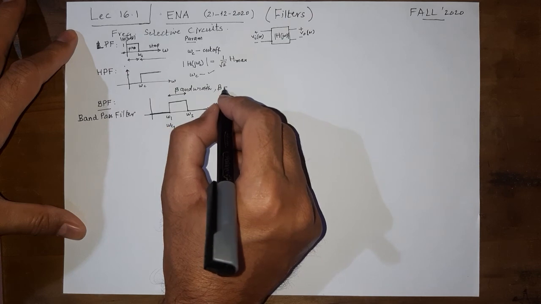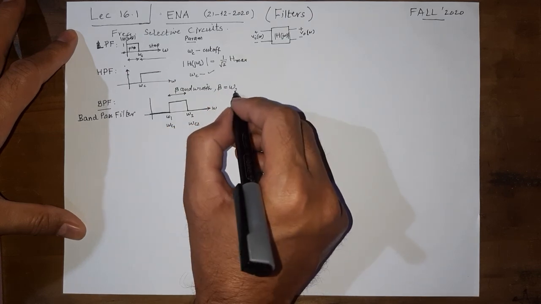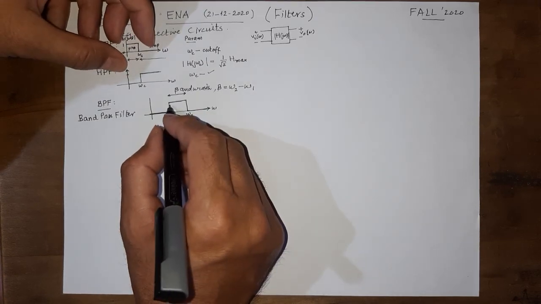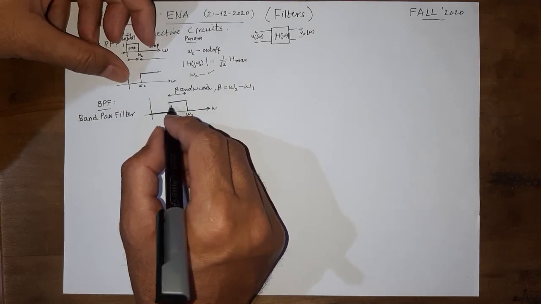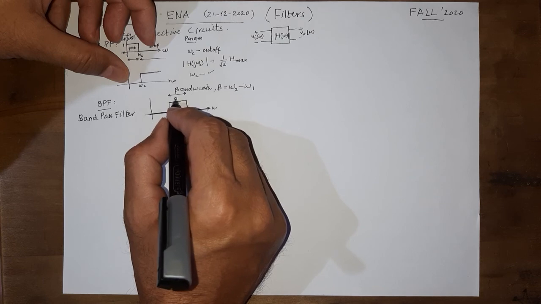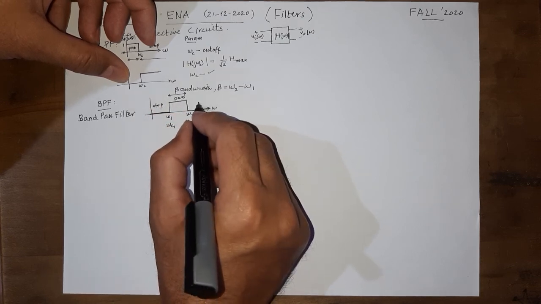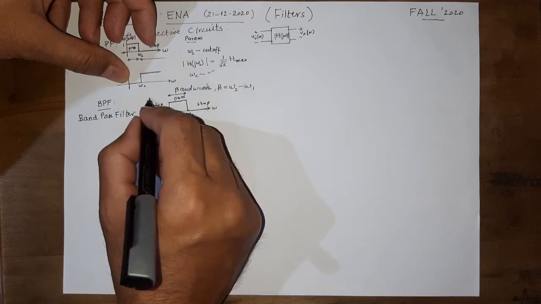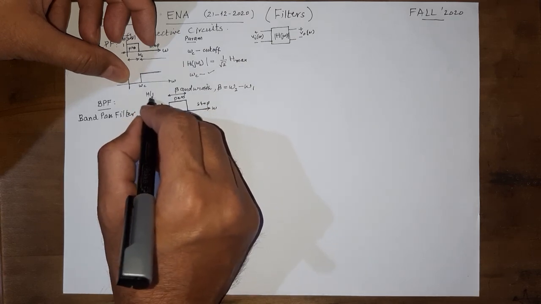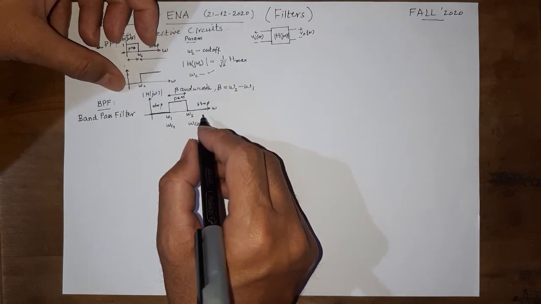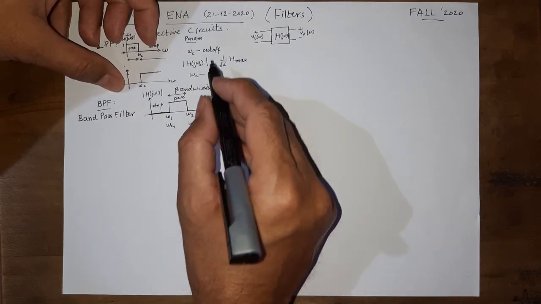Bandwidth beta is equal to omega 2 minus omega 1, which is the width of the pass band. So this is the pass band. Now this is the lower stop band and this is the upper stop band. So this is a band pass filter.